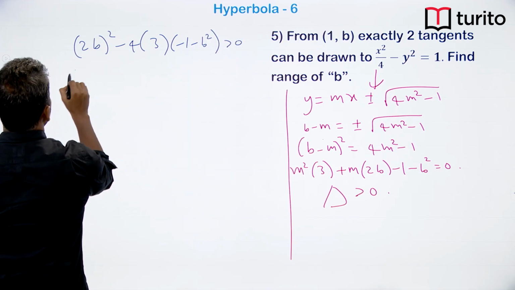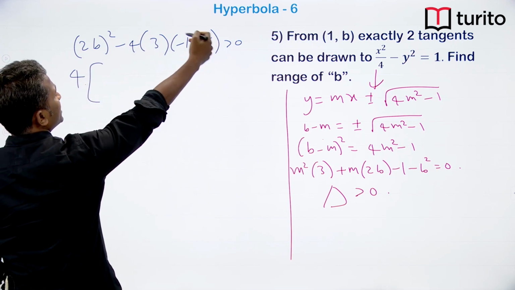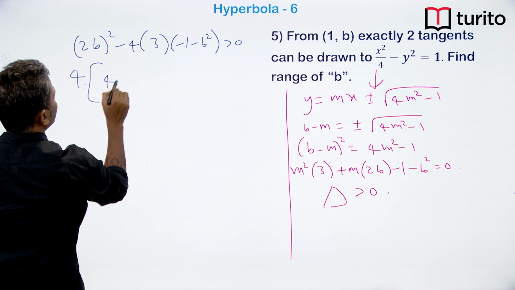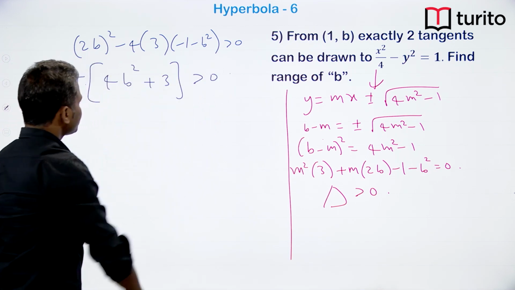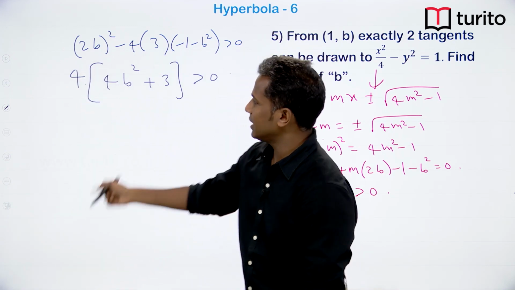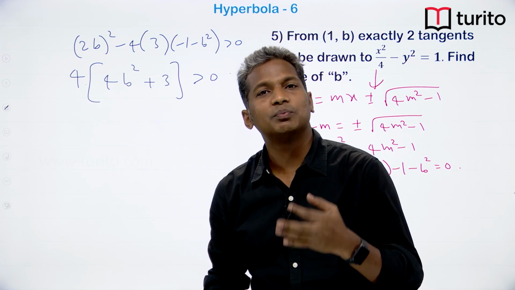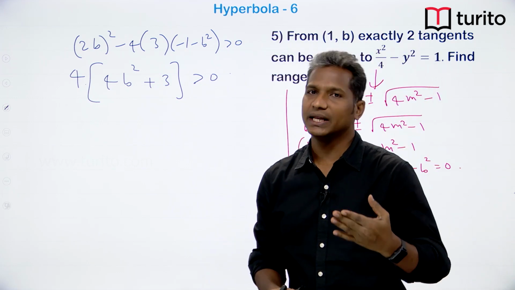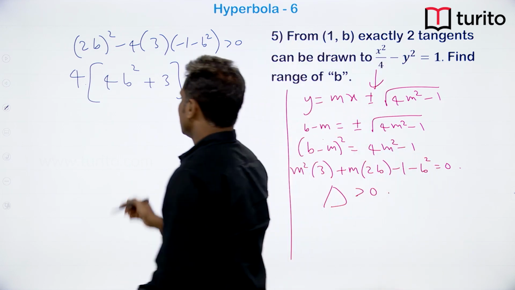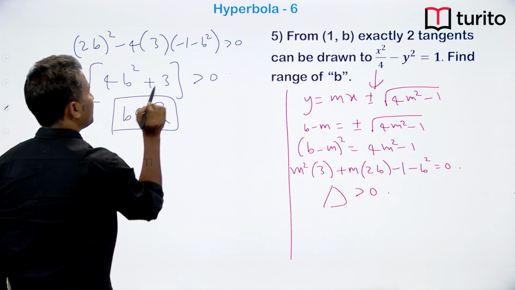Simplifying, I take 4 common, and there is 3b square plus 1b square, so 4(b square plus 1)... 4b square plus 3 greater than 0. Because the LHS is already a positive quantity, the values of b can be any real number.